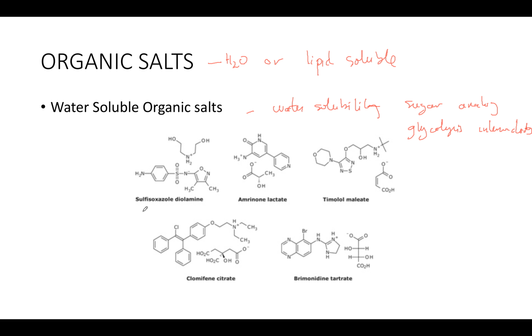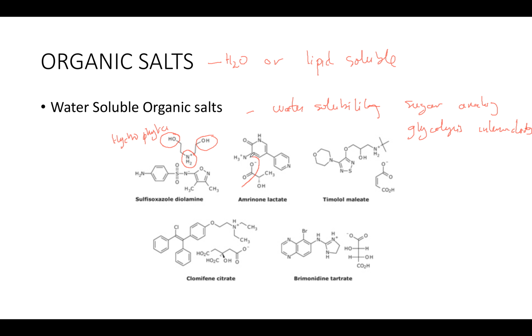For instance, in the case of sulfisoxazole diolamine, you have the hydroxyl group here, you have the amine group here. All these are hydrophilic. So these groups here are going to increase water solubility.